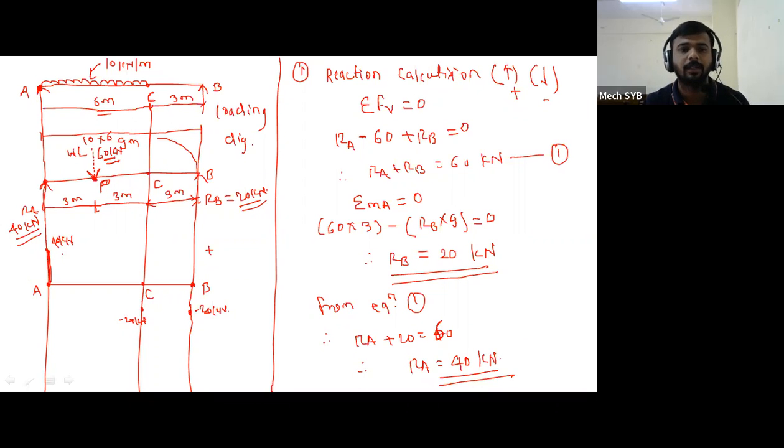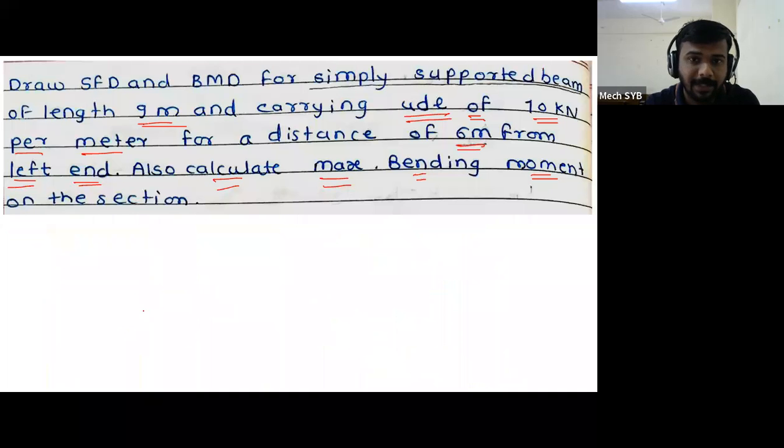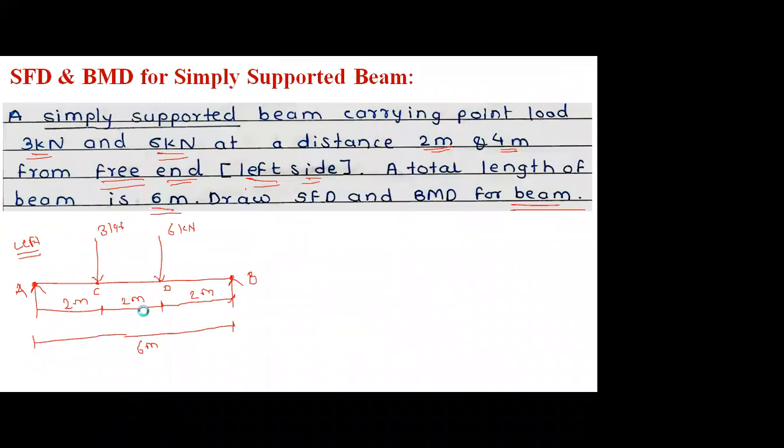Then how to join this 40 kilonewton point and 20 kilonewton point? Check in your relation between loading, shear force and bending moment diagram. How to join it? If your beam is subjected to the UDL, then how to draw the SFD? Only I am asking SFD. Inclined line.